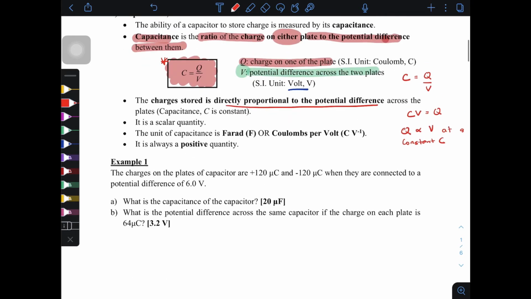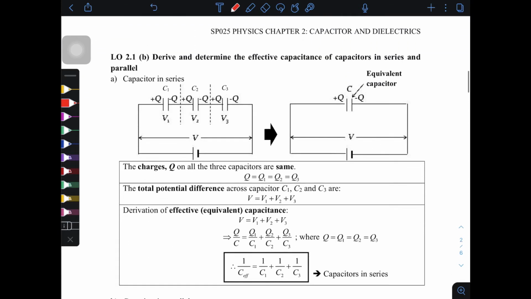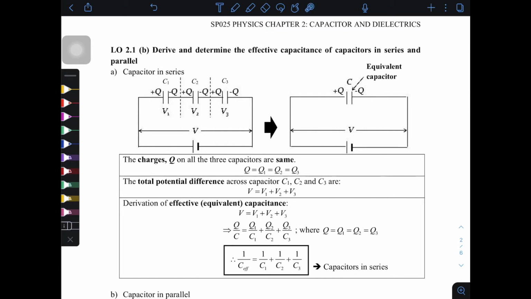Right, and it is a scalar quantity. Kalau scalar quantity, it only has the magnitude, and the unit for capacitance is farad. Okay, or coulombs per volt, but we usually use farad as the unit for the capacitance, and it is always a positive quantity.